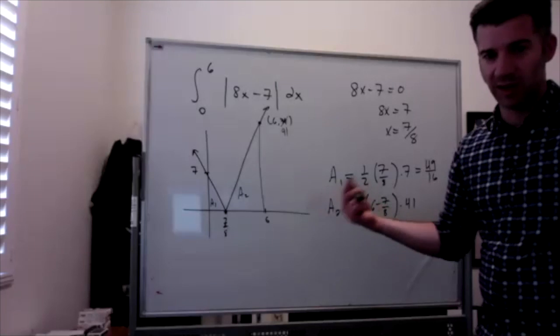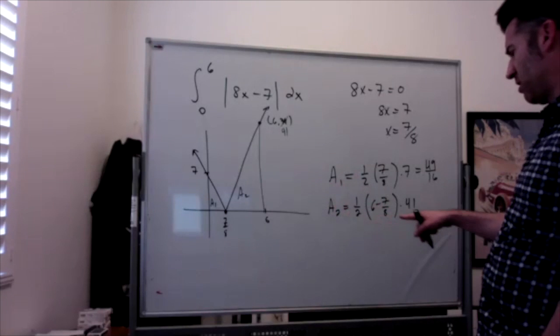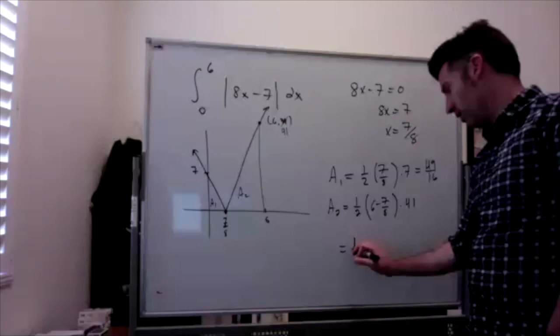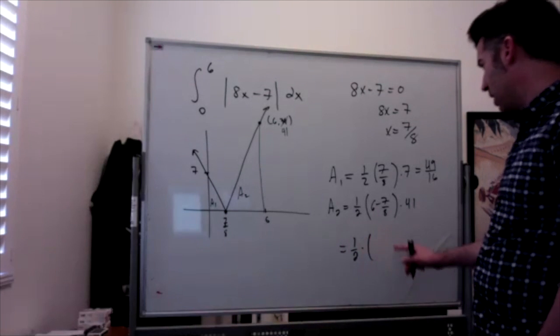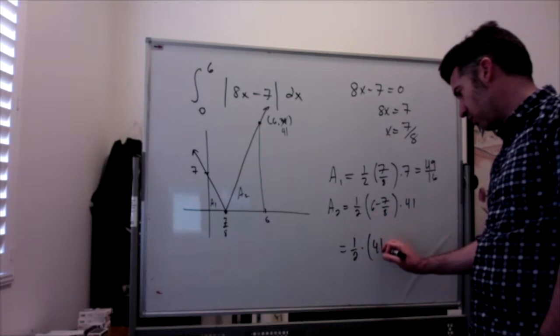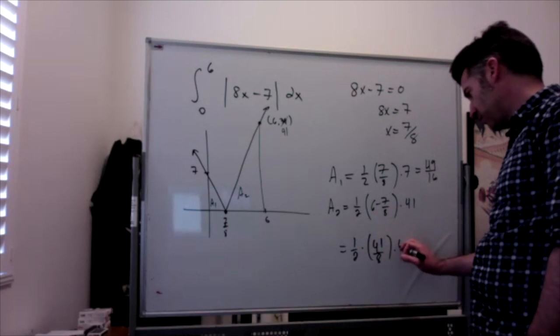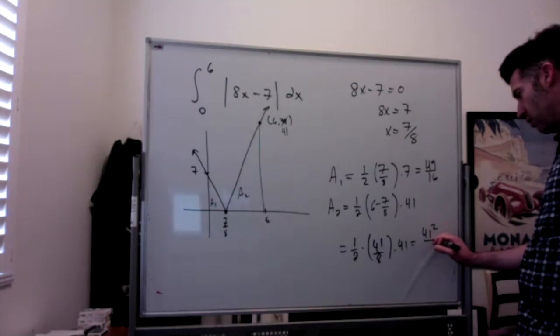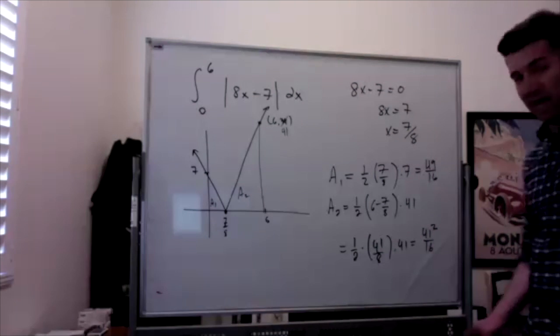Usually you get the same number, like squared. That's why I was kind of like, oh, I feel like I should be getting 41 times 41 when I do this. And I do. I get 1/2 times 48 eighths minus 7 eighths is 41 eighths times 41. So I get 41 squared over 16. And I add them together.